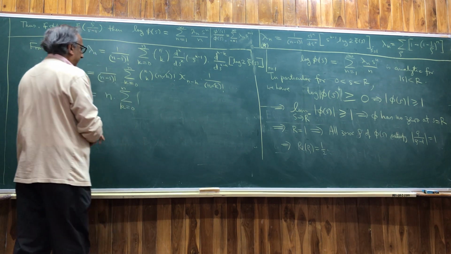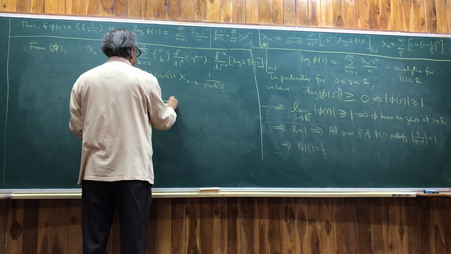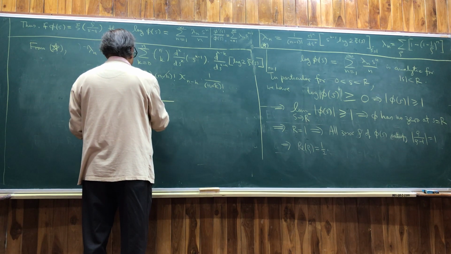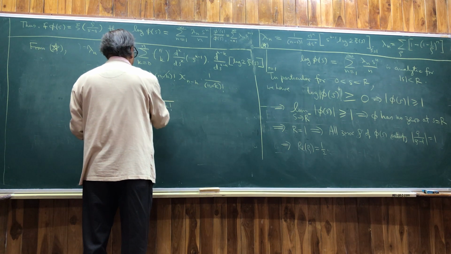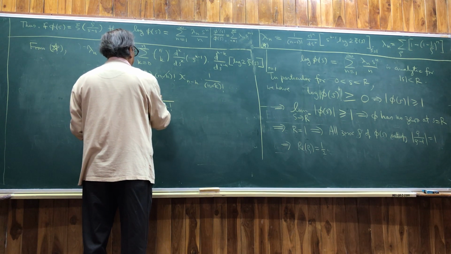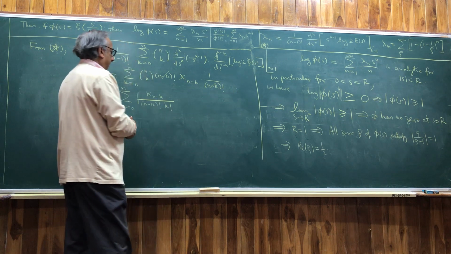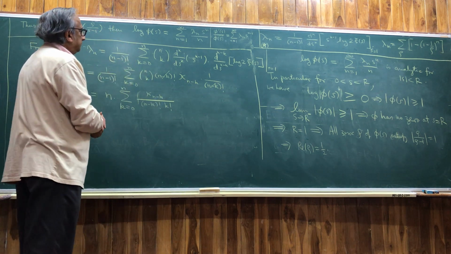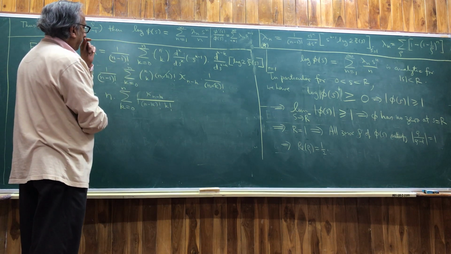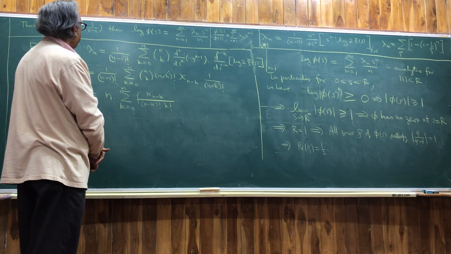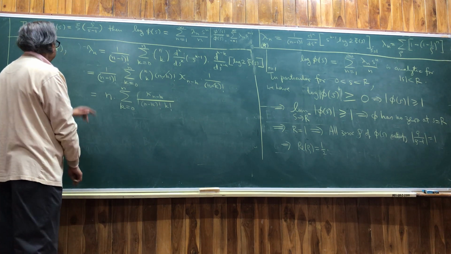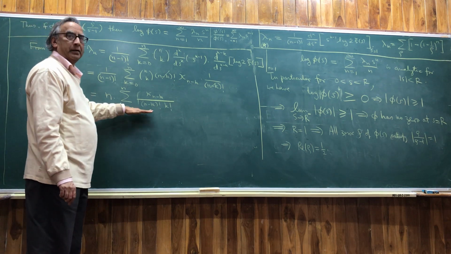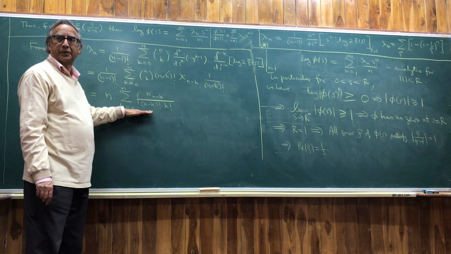I think I took care of everything except the factorial from the bottom here, (n minus k) factorial, and kappa to the n minus k. In other words, the lambda n's can be written in this fashion.